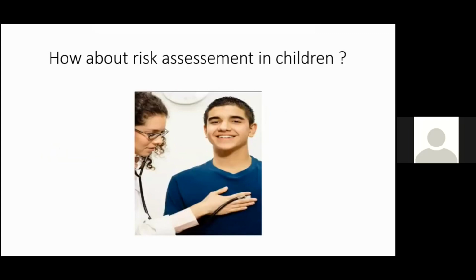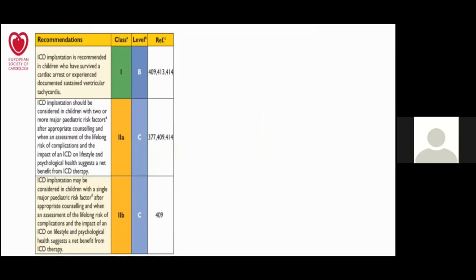Now, how about risk assessment in children? The risk assessment in children is much more challenging, as all of the conventional risk factors have been derived from studies conducted on adult patients.